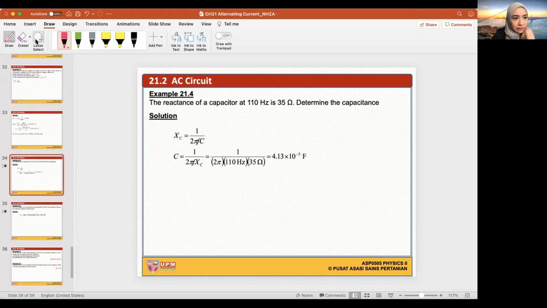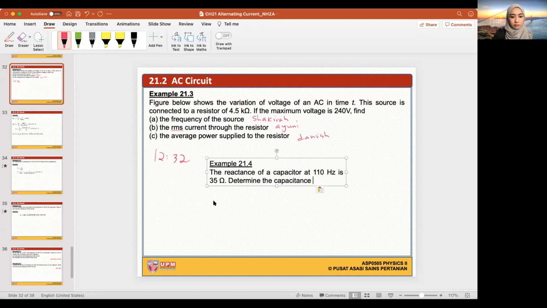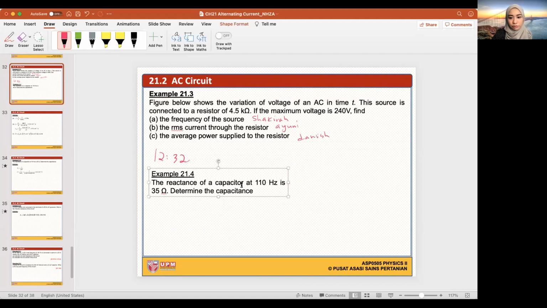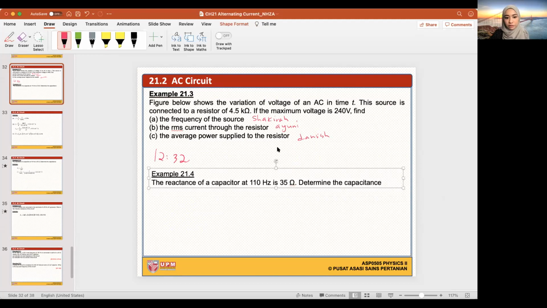Sekejap nak combine soalan. Nak suruh korang buat soalan banyak-banyak. So next one is this one. Saya nak suruh Fairuz buat yang ni. Is Fairuz there? Yes, Doctor. Okay, Fairuz buat yang ni senang je.